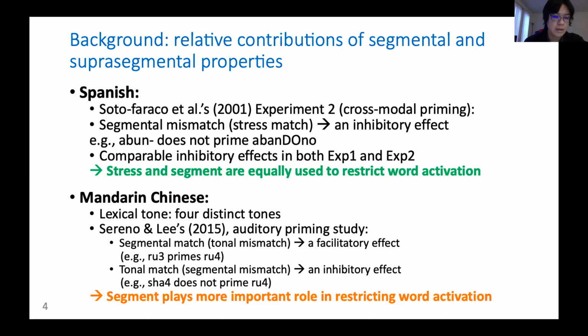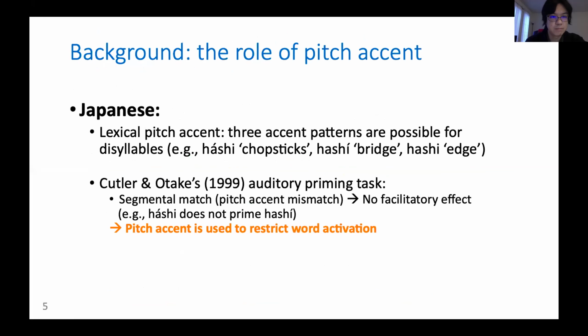While in the other condition, in which primes and targets are matched tonally, but mismatched segmentally, they observed an inhibitory effect. And based on these results, the authors concluded that segment plays a more important role in restricting word activation. So this is different from the Spanish case.